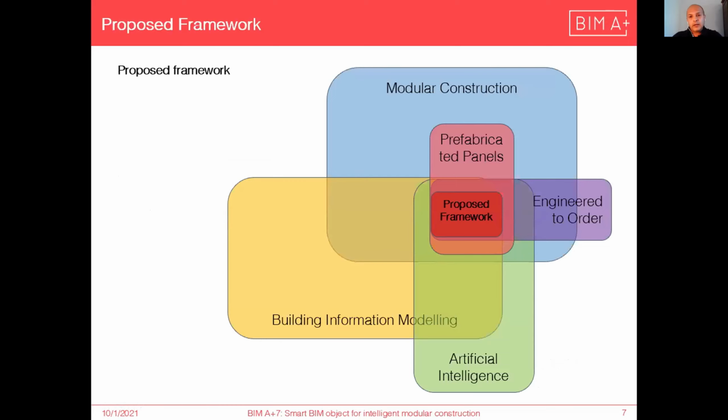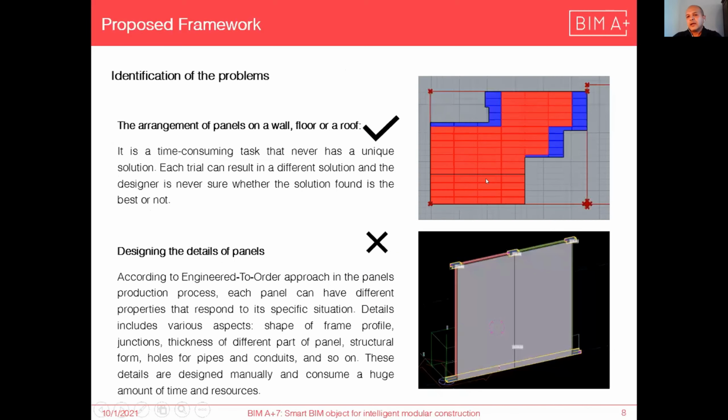My proposed framework is about modular construction. It's a shared area of modular construction, building information modeling, engineering to order, manufacturing, and also artificial intelligence. Here, I want to explain the problem.